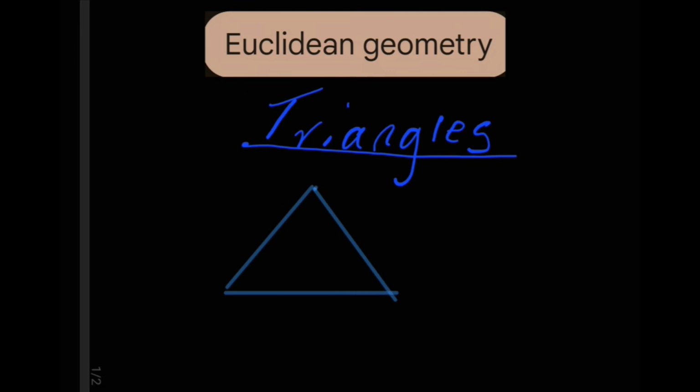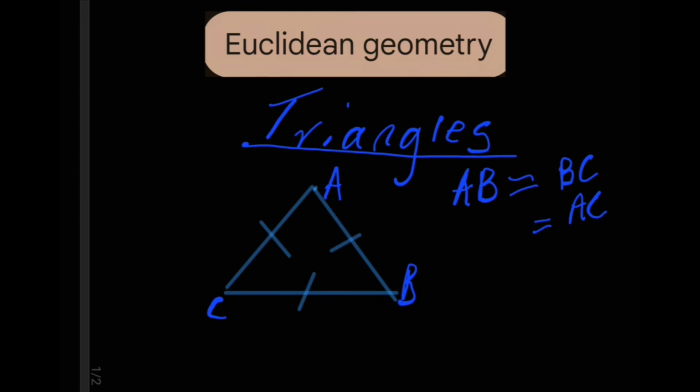Pardon my drawing, but an equilateral triangle is a triangle where all the sides are equal, meaning this side is equal to this side, is equal to that side. So let's just say we were labeling the sides A, B, C. That means AB is equal to BC, which is equal to AC.